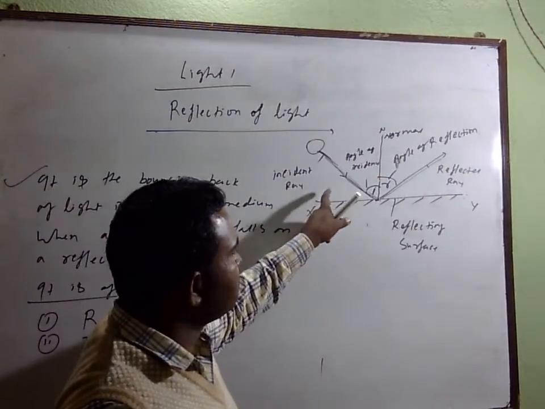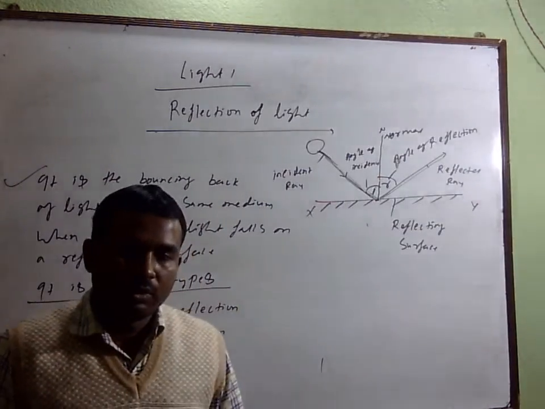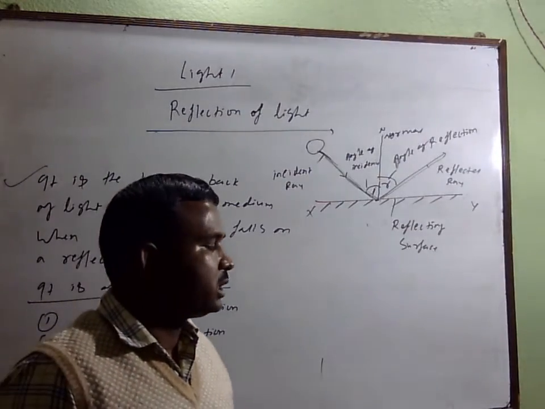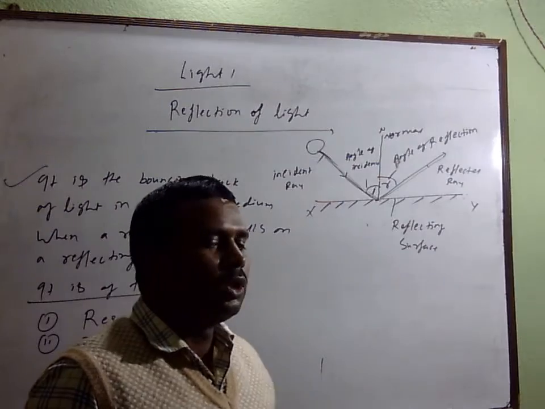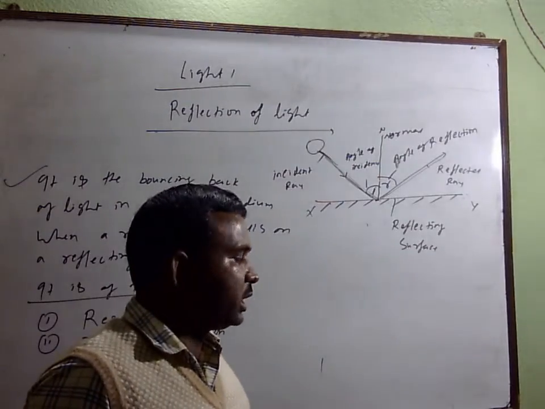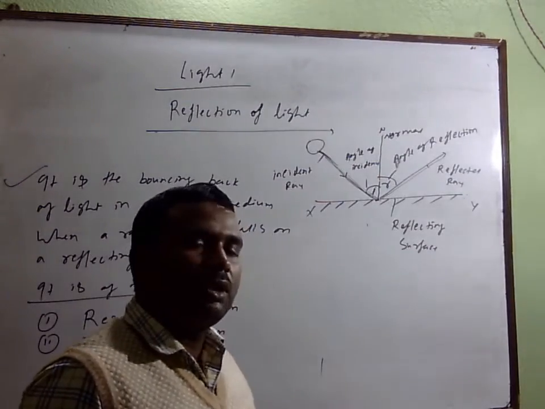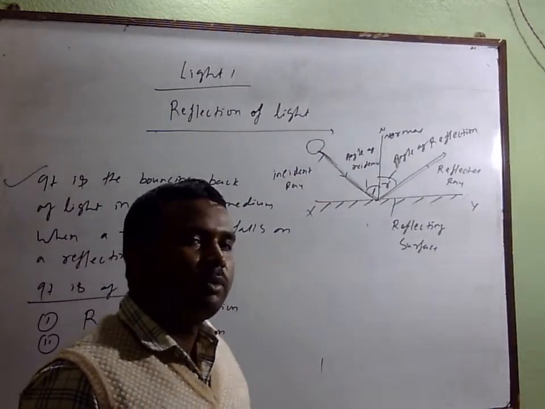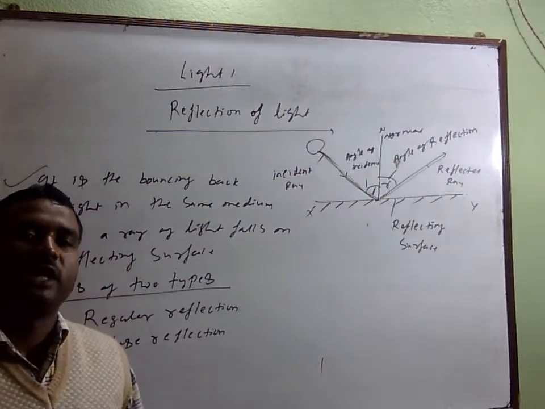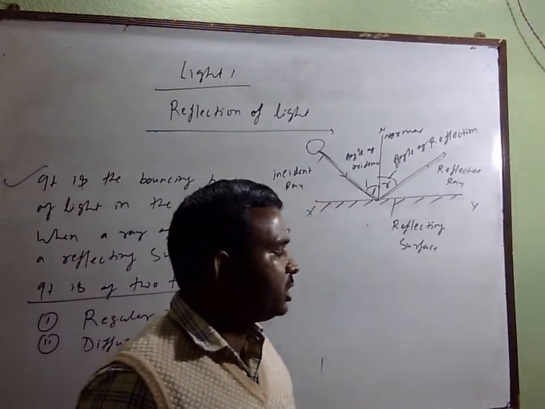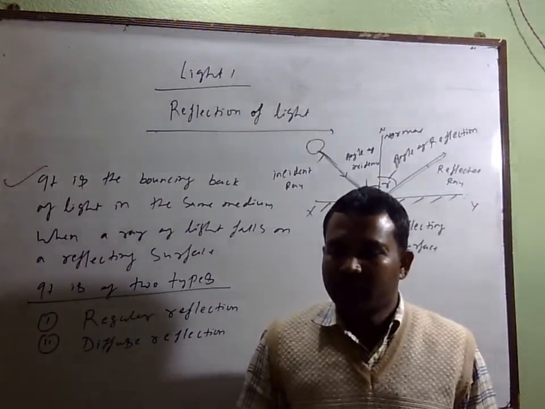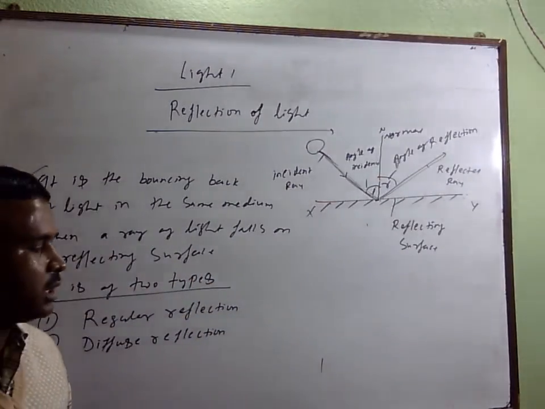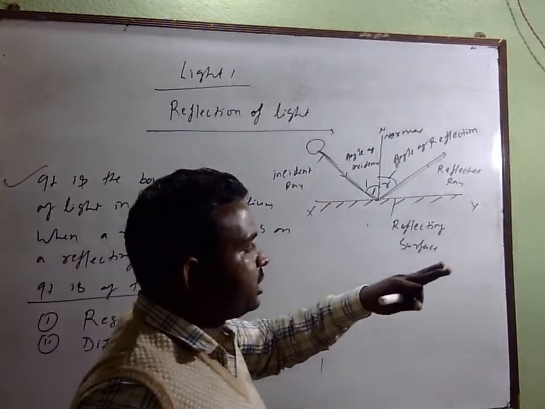But suppose this surface is rough, like a wall, floor, or any object, table, chairs, that is not polished. Whenever the ray of light falls on such types of objects, the ray of light will bounce in all possible directions. Why does it happen? Because the object absorbs light, and it cannot reflect regularly because its surface is not clean.